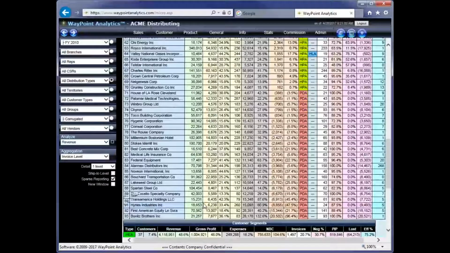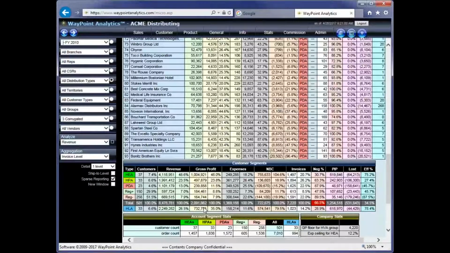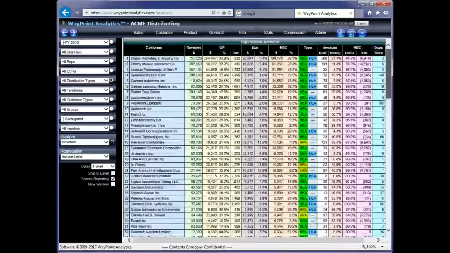Now, let's get back down to that consolidated report at the bottom. What's important here is the high leverage accounts, and these ones are important because they make more money for every dollar sold than other accounts that you make. So for an example, when we look at the accounts here, on this top account, 26.5% or 26 cents of every dollar gets to the NBC line, whereas this account down here, only 13 cents of every dollar gets to the NBC line.